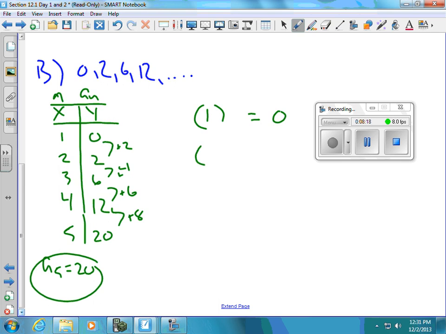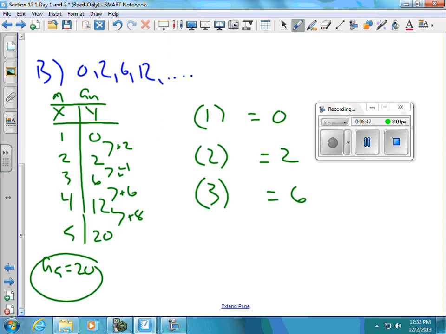Let's look at the second term. 2 and 2. Well, to get 2, we're going to have to multiply by 1, or add 0. 3. We're going to get out 6? So we would multiply by 2, or we have to add 3.